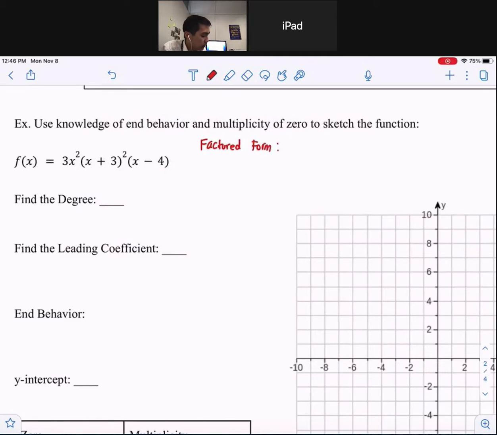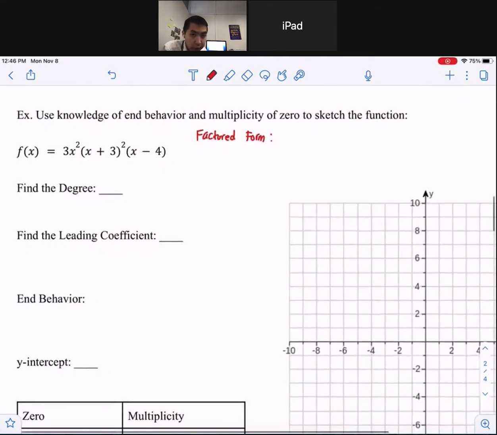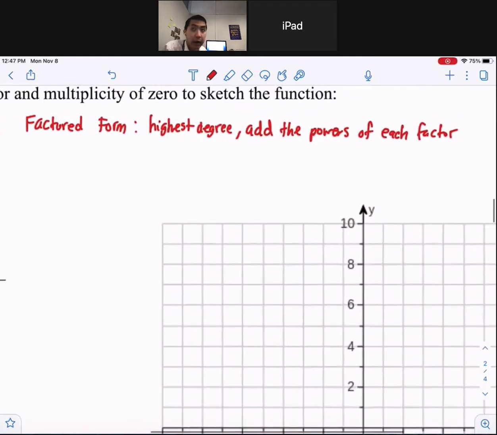When you have factored form, in order to find the highest degree, you add the powers of each factor. So to find the highest degree, you add the powers of each factor.